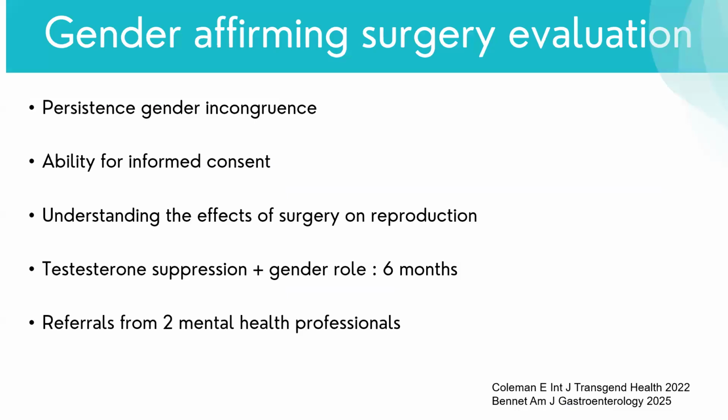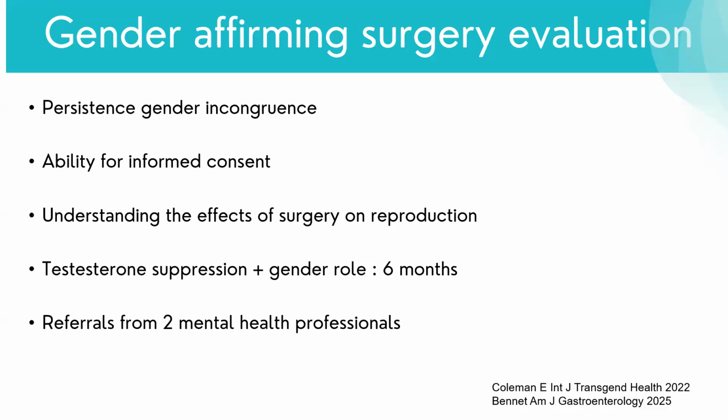So we've talked about evaluation for hormone therapy. What about evaluation for patients who are willing to undergo surgical therapy? One, it has to be established that they actually have gender incongruence as opposed to gender dysphoria. So part of the evaluation is a mental health evaluation, and some of the guidelines recommend that patients be evaluated by at least 2 mental health professionals.